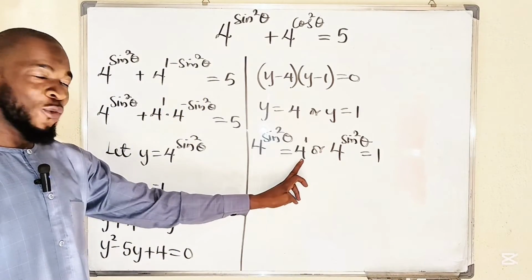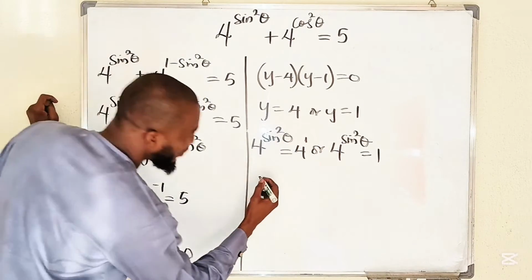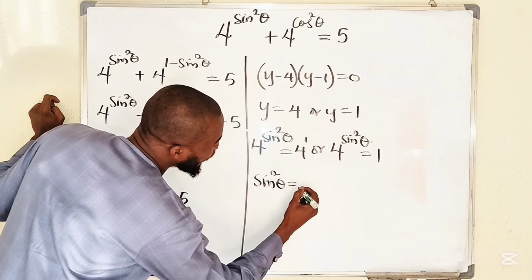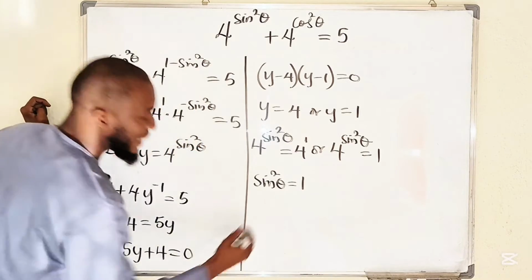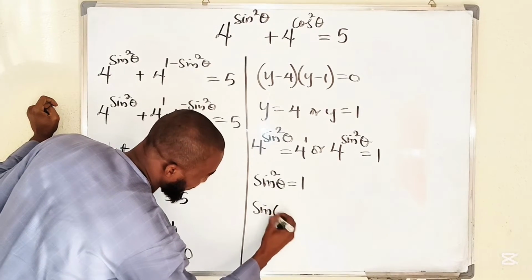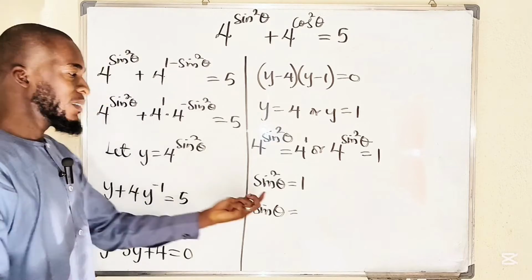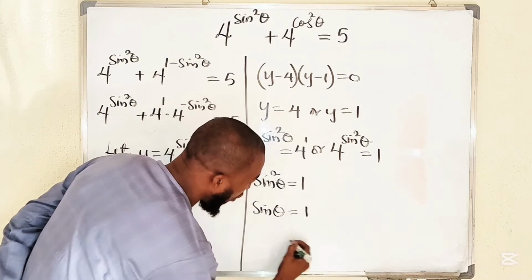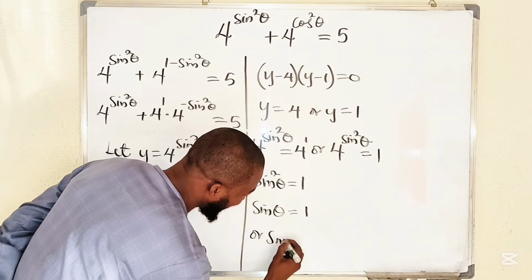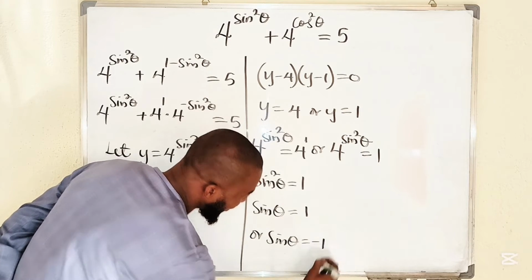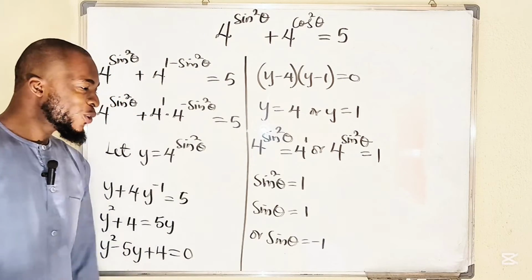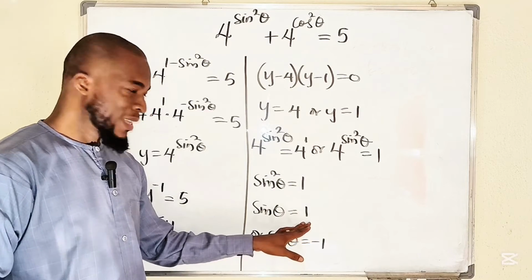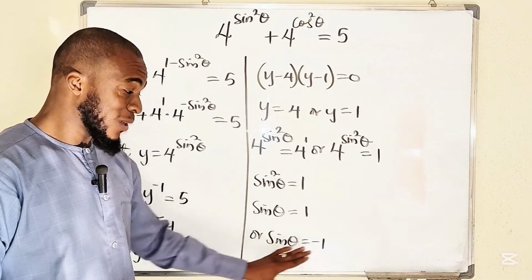So remember, this is 4 to the power of 1 naturally, which means that sine squared theta is equal to 1. And sine theta, by taking the square root of both sides, is either positive 1 or negative 1. So the question is, sine of which angle is 1 and sine of which angle is negative 1? I'm coming back to this.